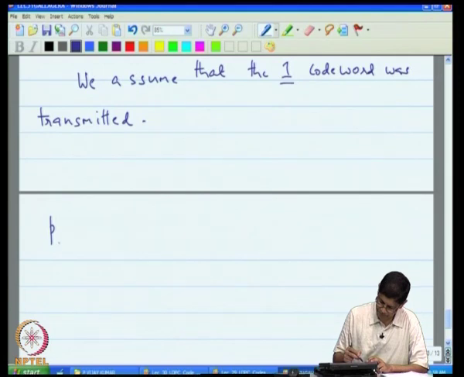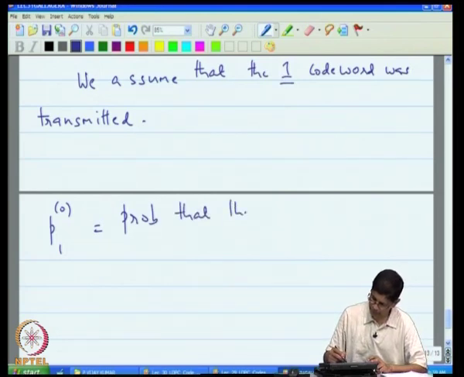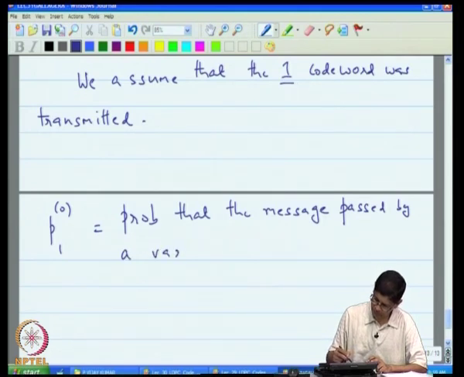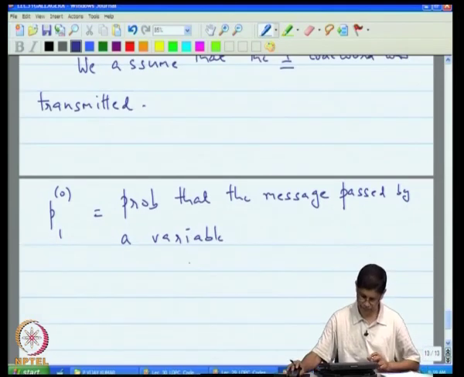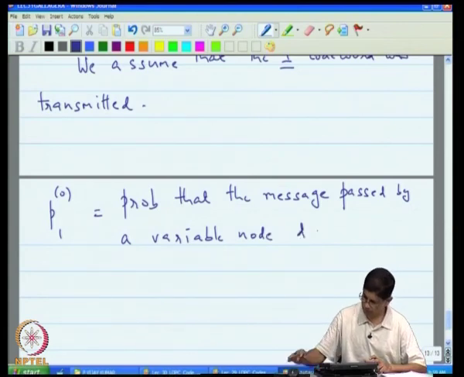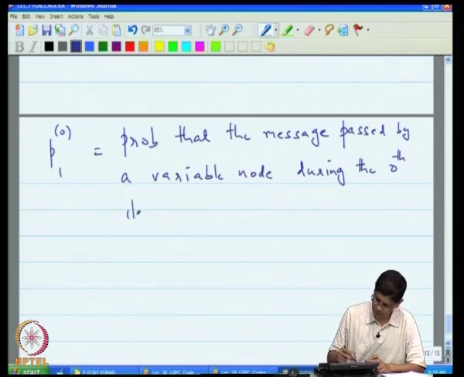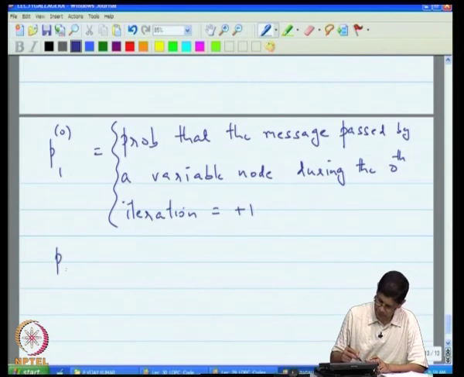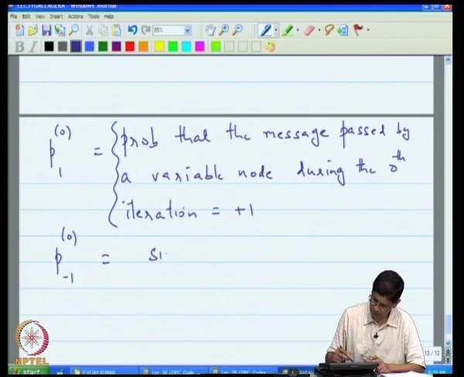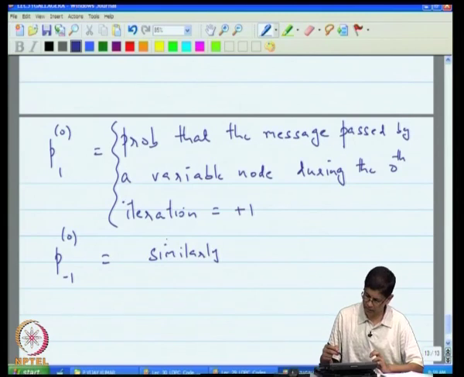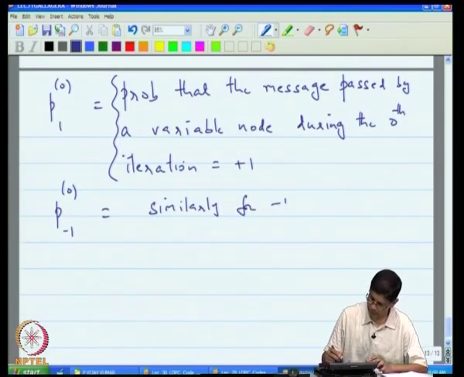Let us say that P 1 of 0 denotes the probability that the message passed by a variable node during the 0th iteration is equal to plus 1, and P minus 1 of 0 is the same, similarly for minus 1.